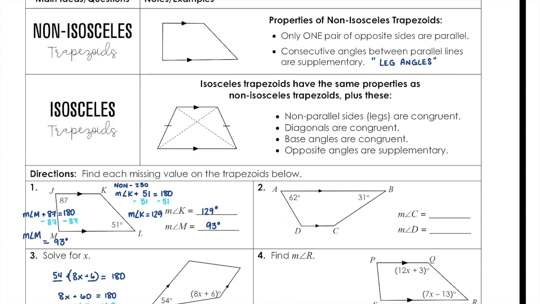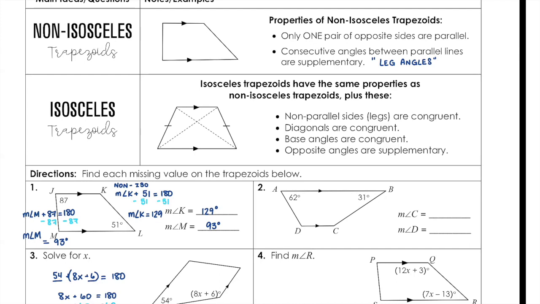Not the angles along the parallel lines, but the angles along the legs. And of course, isosceles has a lot more going on. The consecutive angles between legs are still supplementary, but now the non-parallel sides, the legs themselves, are congruent, just like an isosceles triangle.